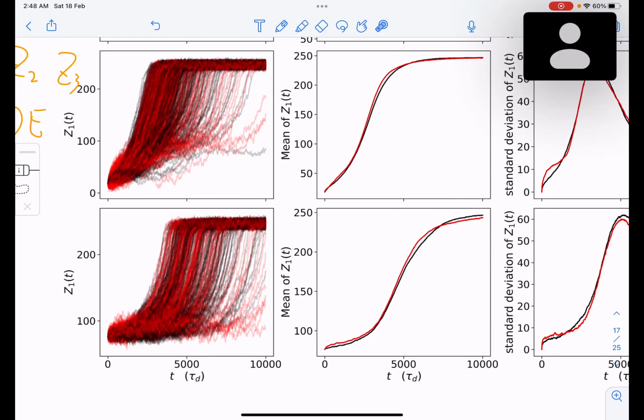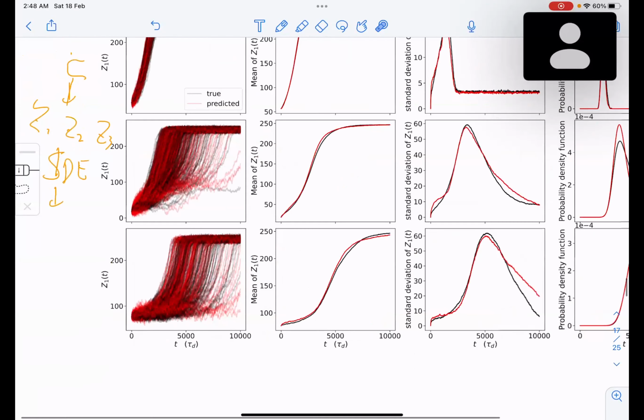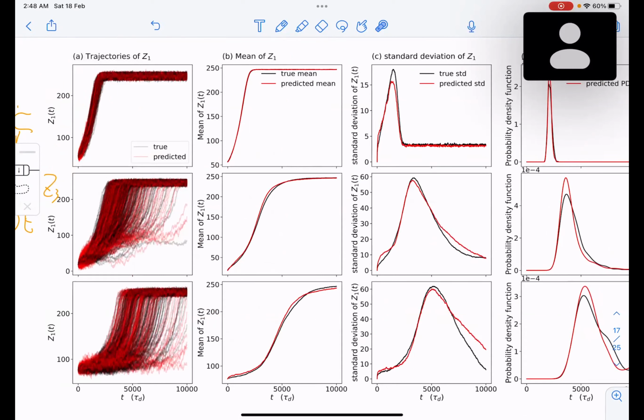But the point is that if you have a very slow one, you see here, for example, that will fall for a long time. So why don't you run for a longer time? Because you cannot, right? You mean for 20,000 time steps? Actually, our training data only goes until the end time here. Maybe I can try running for a longer time.